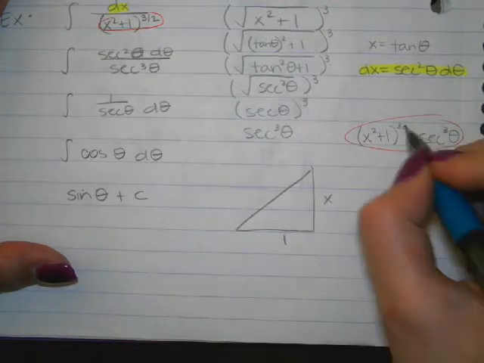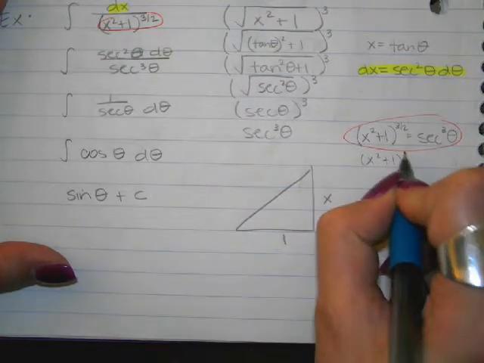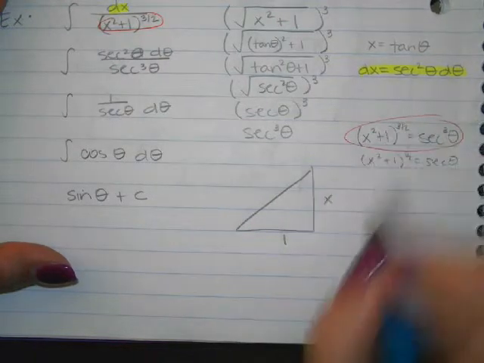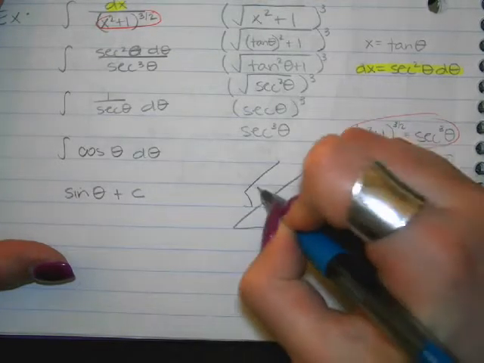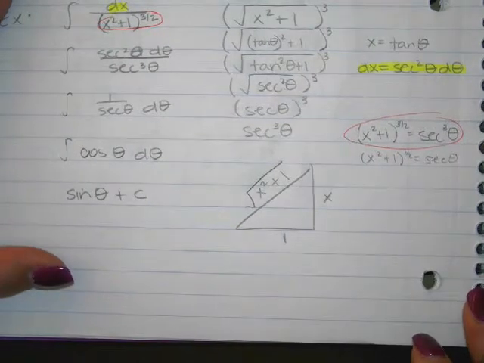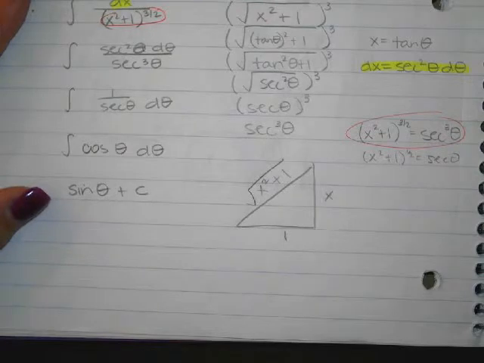Yeah, you could do that. So here you could say x squared plus 1 to the 1/2 equals secant theta, and just say the 3's canceled. So hypotenuse over adjacent would mean that your hypotenuse is x squared plus 1. All right, so what are we going to write for our final answer?